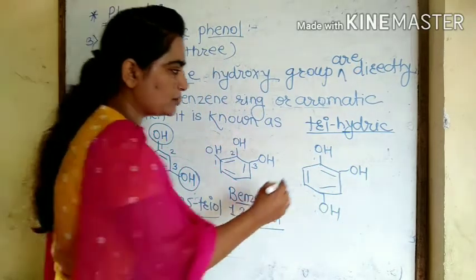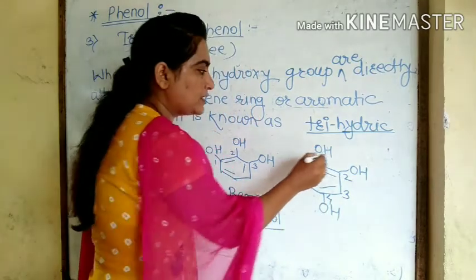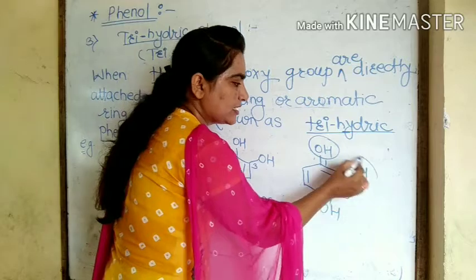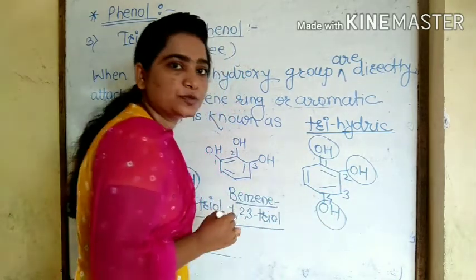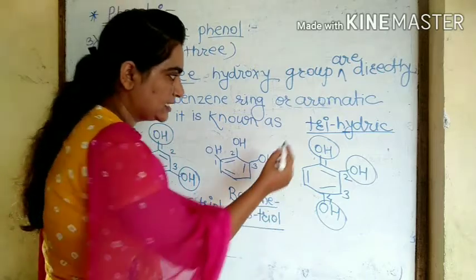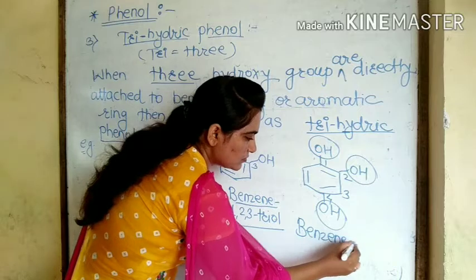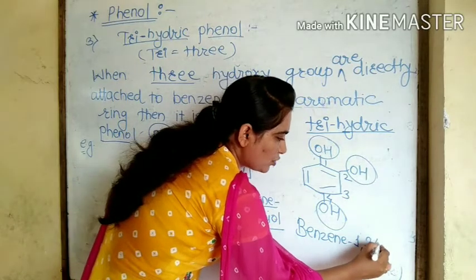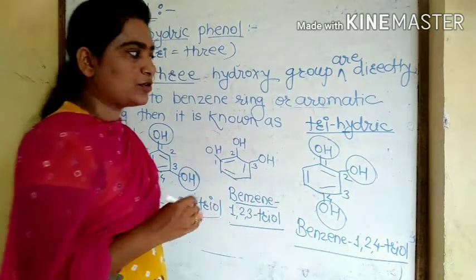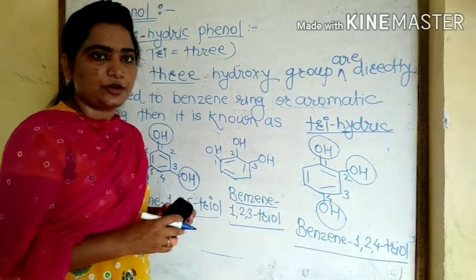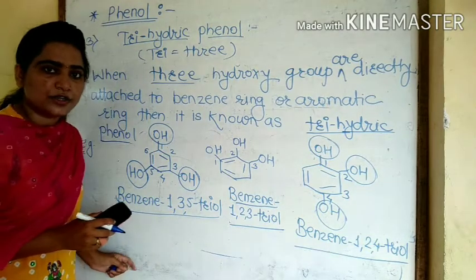So what is the name of this compound? 1, 2, 3, 4. At the first position OH is present, at the second position OH is present, also at the fourth position OH is present. Therefore it is called benzene-1,2,4-triol. Okay. So this is the third classification, trihydric phenol.